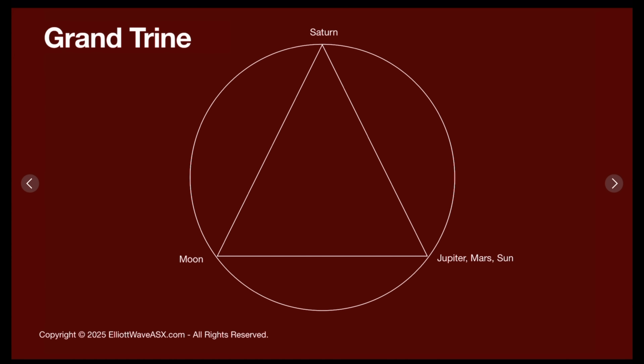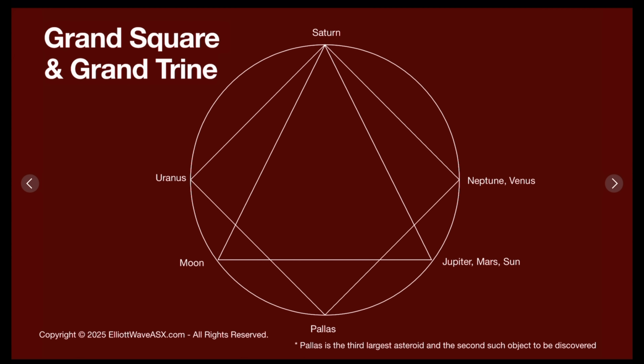Now if you put those patterns together, you get a grand square and a grand trine. On the 8th of August 1908, this is exactly what happened. Now if you see any of the publishing work done by Gann for Gann's original work, you'll see that company's logo was in fact a grand square and a grand trine, just like this, within a circle.